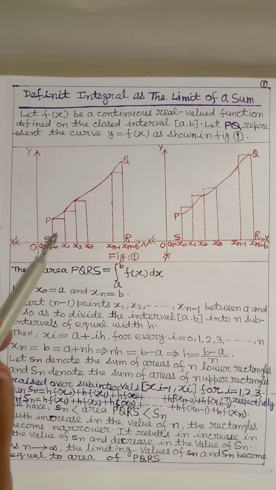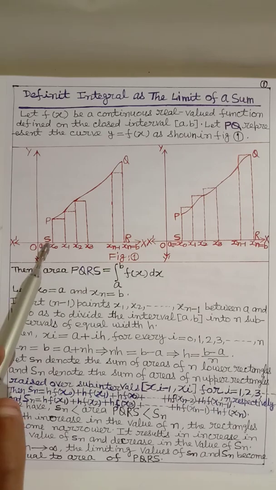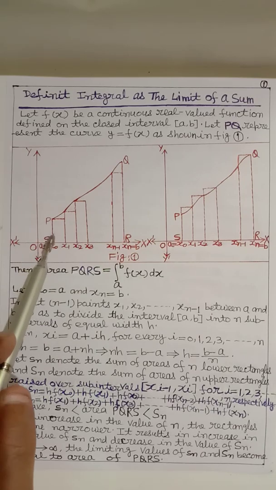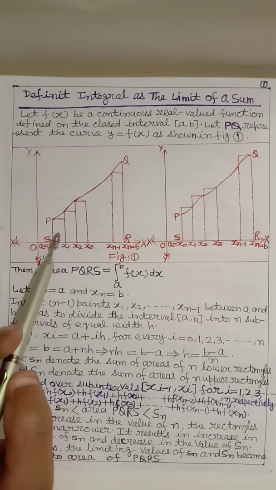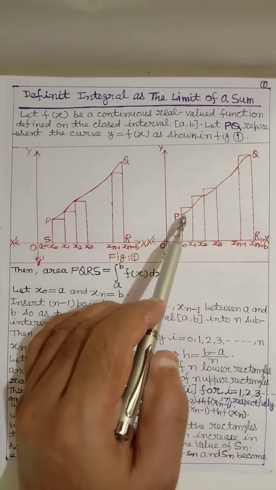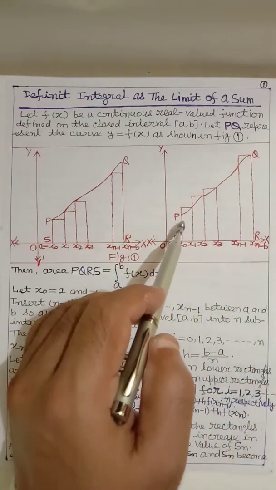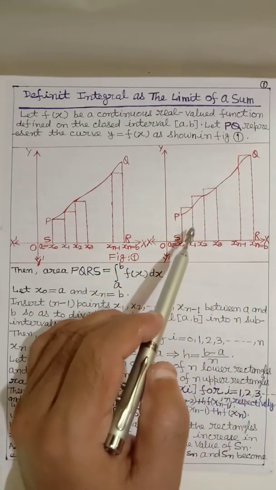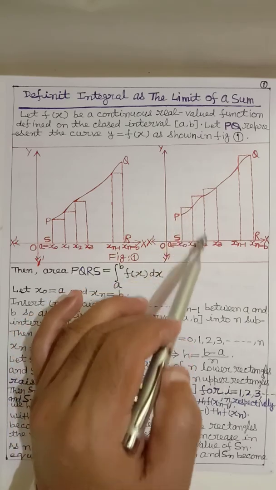Here we can easily see the area of PQRS is greater than the sum of areas of n lower rectangles, and the area of PQRS is less than the sum of areas of upper rectangles.